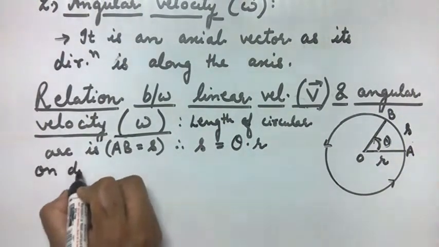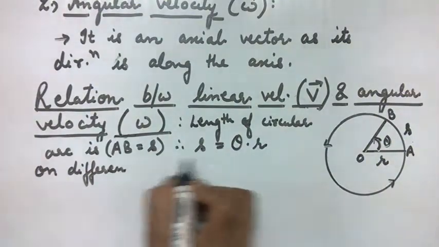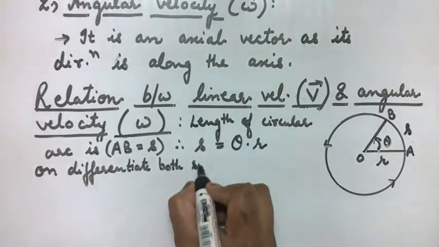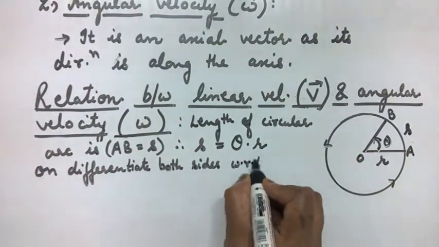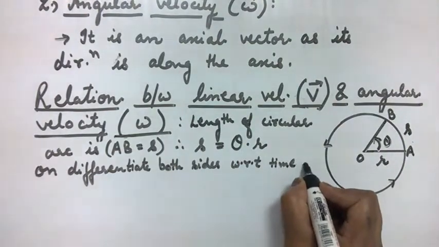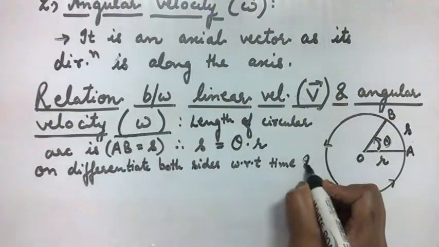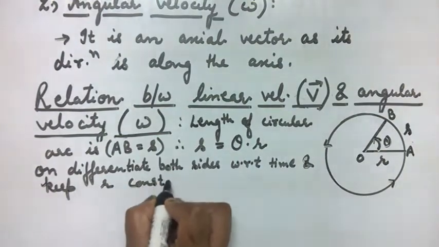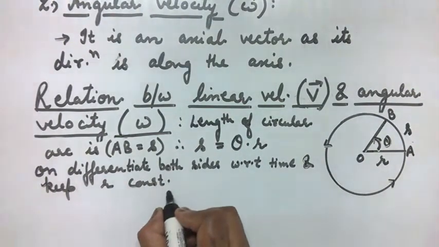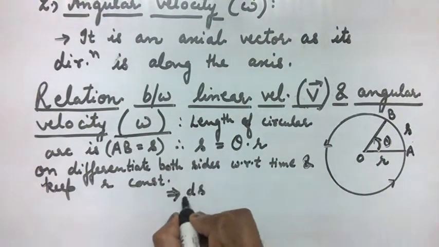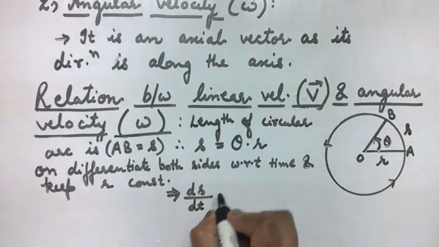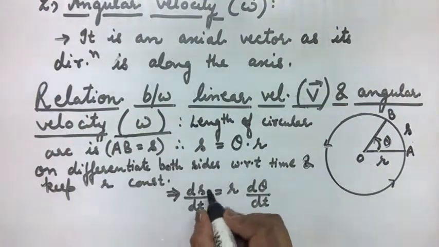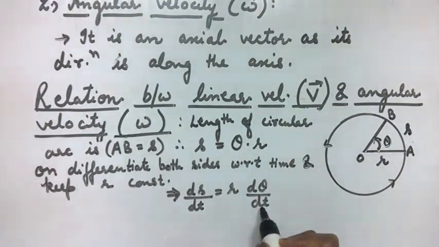Now, on differentiating this equation with respect to time, keeping r constant, we get ds by dt equal to r into d theta by dt, where ds by dt is linear speed and d theta by dt is angular speed.